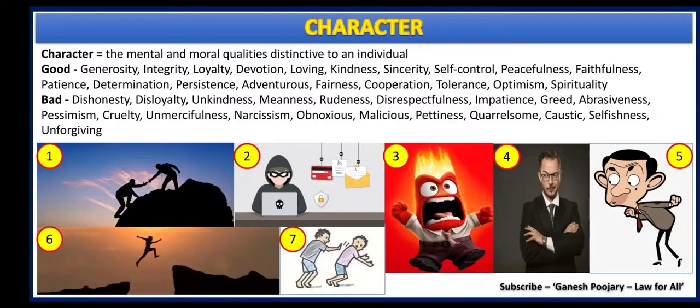Now that is a different interpretation. I am not getting into that, but overall we see this as a positive image. It is an adventurous image, that is a good character. And the seventh one, pushing someone, is a bad character. Now that is how we make observations and come to a conclusion on different characters.